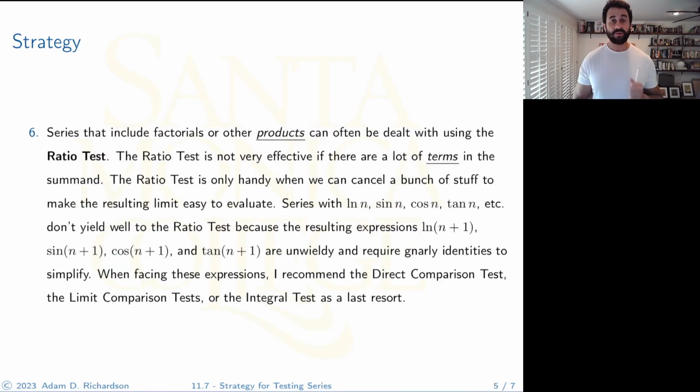This one's about the ratio test, and I talked about it in the last lecture already. Series that include factorials or other products can often be dealt with using the ratio test, but the ratio test is not very effective if there are a lot of terms in the summand. When you go through the calculations of the ratio test, you're really looking for multiplicative cancellations.